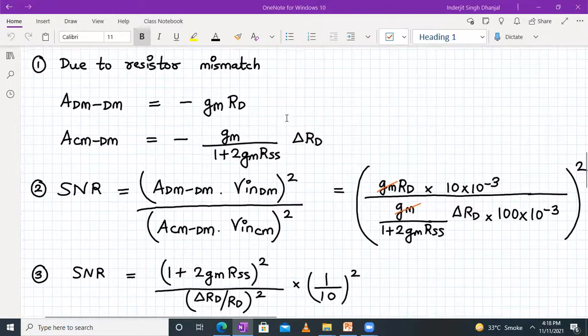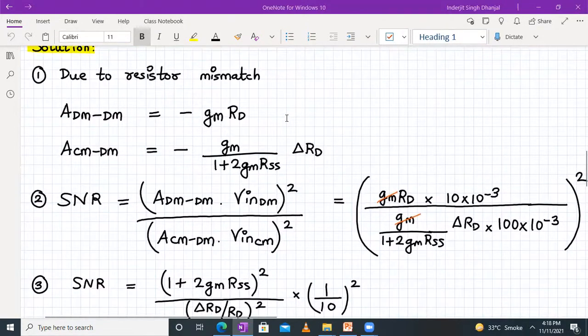Now, the signal to noise ratio formula will be ADMDM into Vin of DM, the whole square, divided by ACMDM into Vin of CM, the whole square. So we substitute the value of ADMDM, which is GM RD, into 10 millivolt peak.